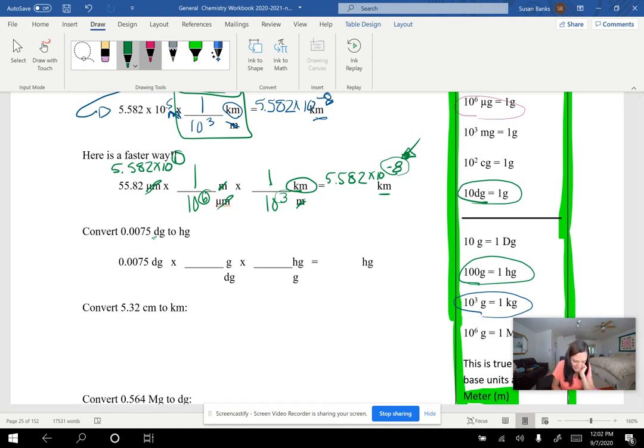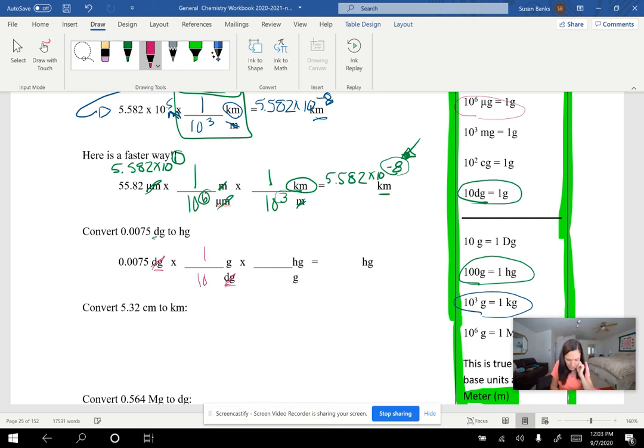So I want decigrams to cancel out. So deci is going to have to go on the bottom of the next step. So if I look at this, I have 10 decigrams in 1 gram. Okay, so my decigrams cancel. I am left with grams.